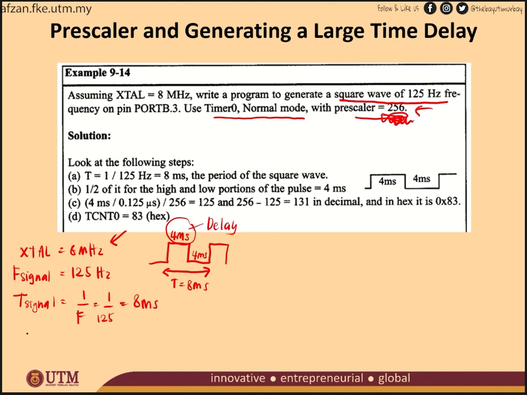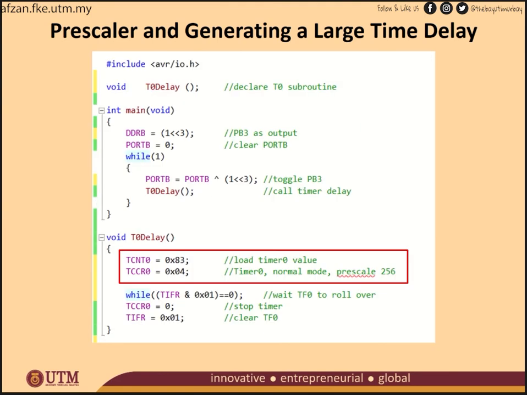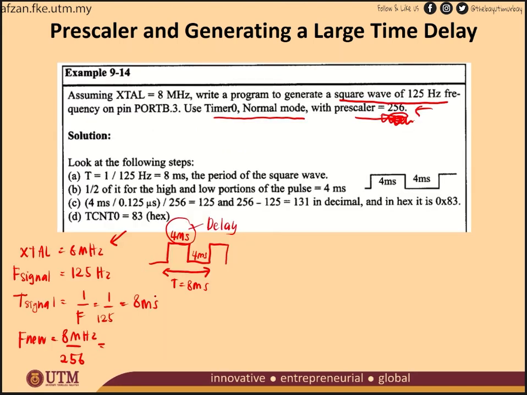So F new equals 8 megahertz divided by 256. Then you get 31.25 kilohertz.